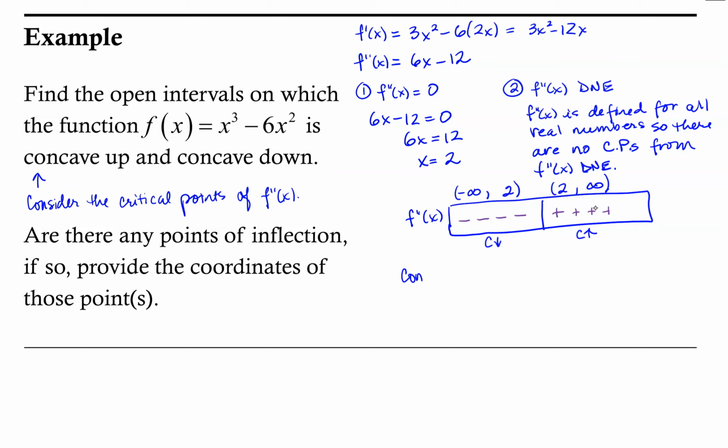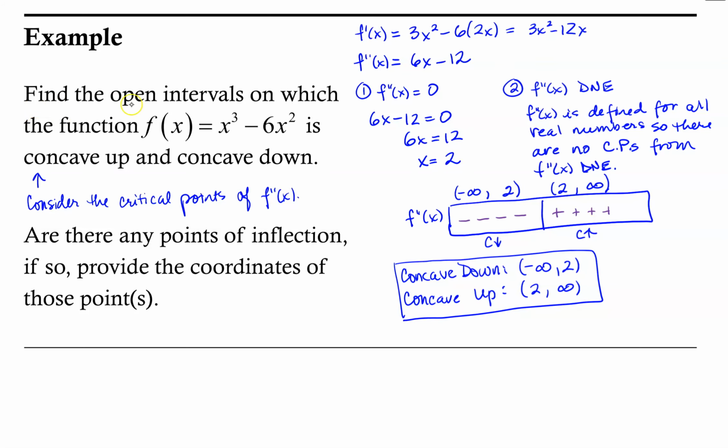So we would say that the function is concave down from negative infinity to 2, and the function is concave up on the interval from 2 to infinity.